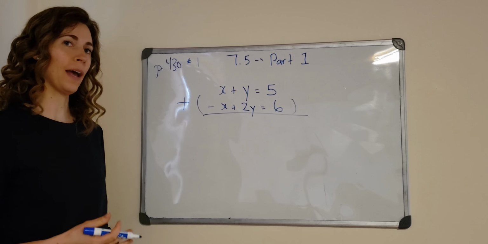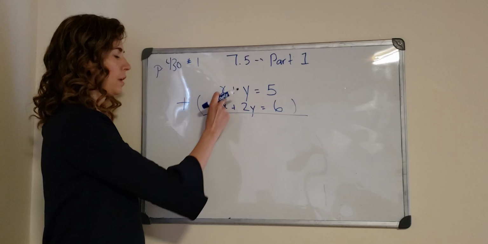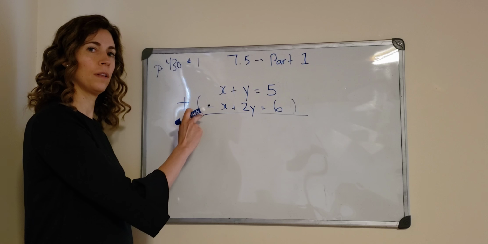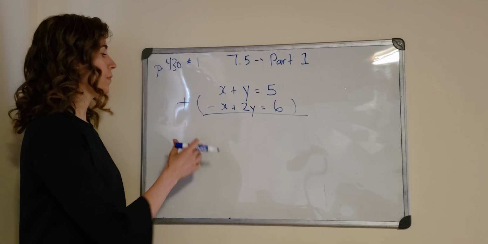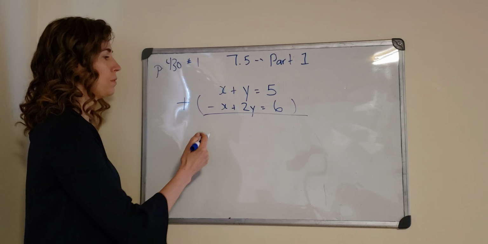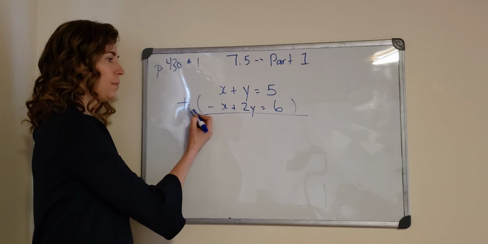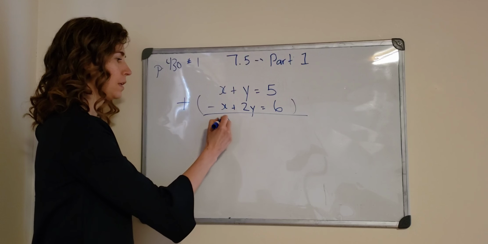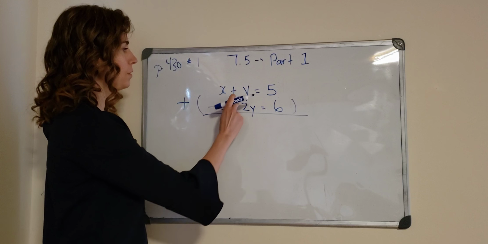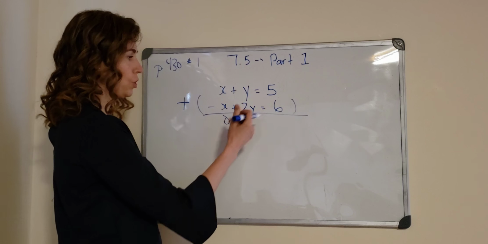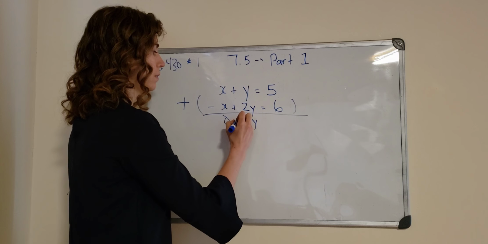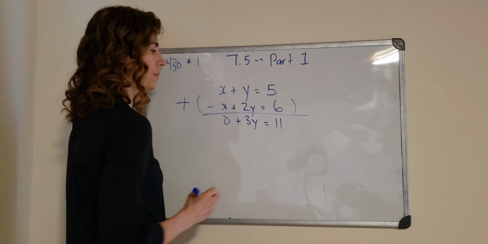So if you happen to have variables that are the same, but the signs are different, that's no problem at all, okay? You can add them in this case. So what you would do here, you'd say x plus a minus x would be 0, you don't have to write that. Then you'd say what's y plus 2y, 3y, equals 11.